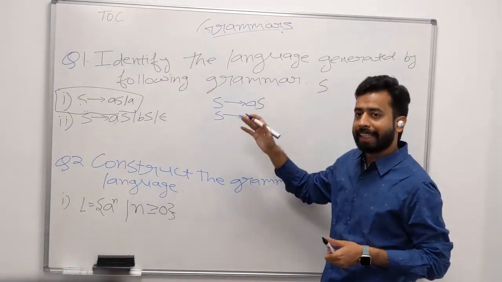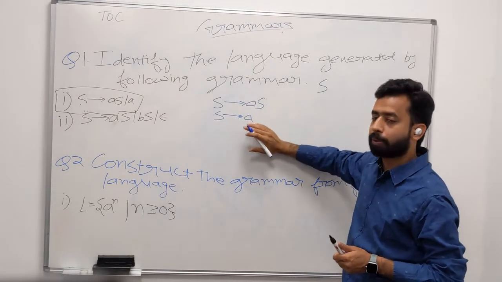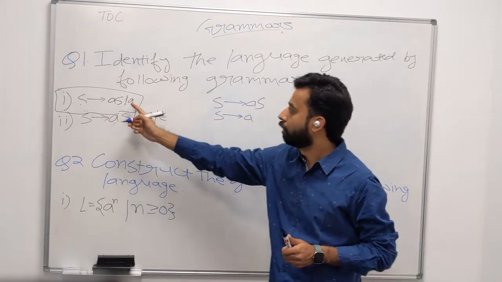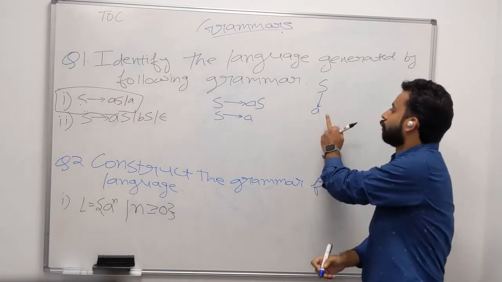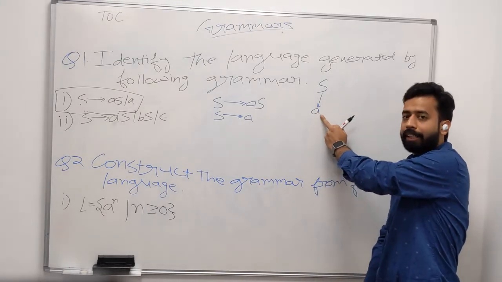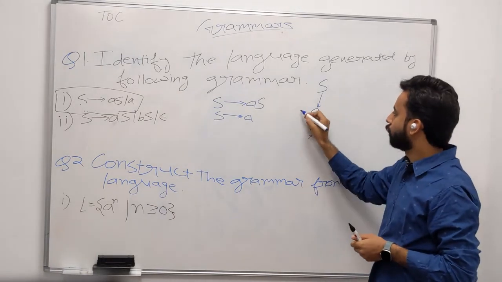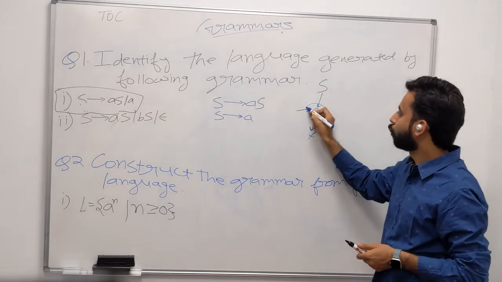I have to again replace my capital S. So if I want to limit this production to just one, what I can do is derive only this production. So S is giving small a. Can you derive another derivation from this small a? No, you cannot. Why? Because this is a terminal, and a terminal is not replaced by anything. So the minimum string that you got is small a.